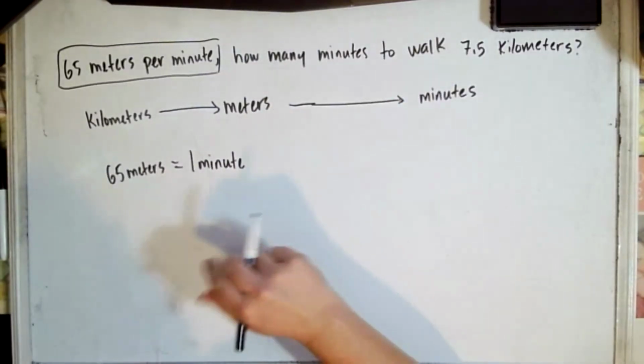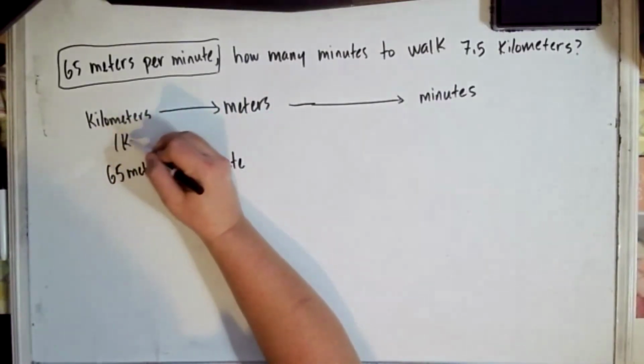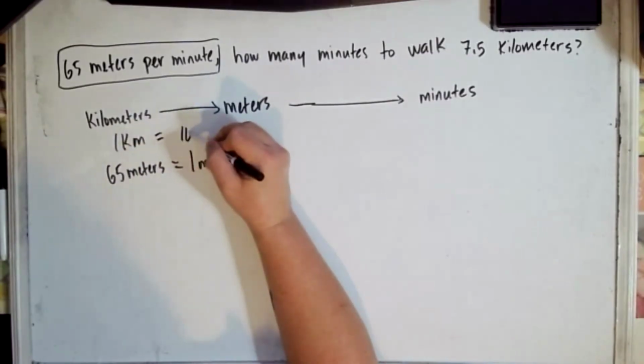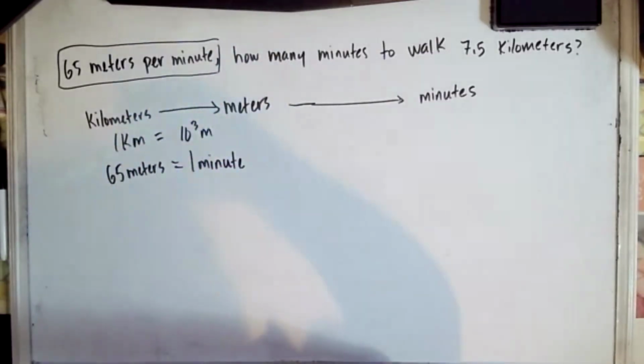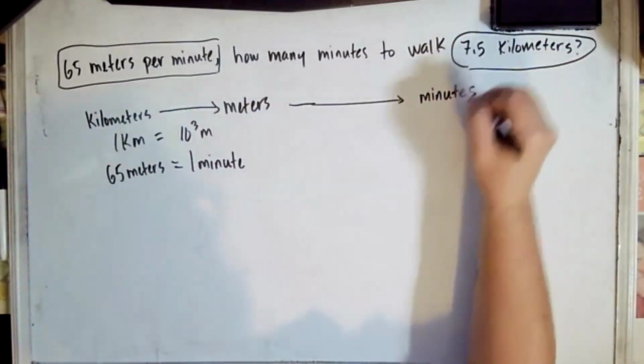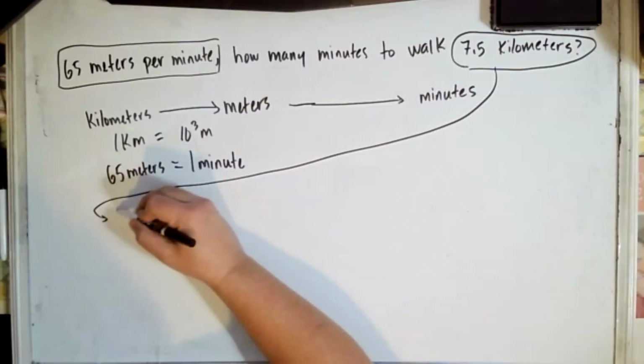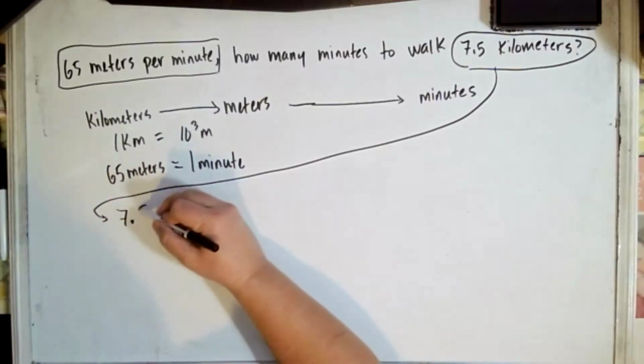Okay. So our equality that relates kilometers and meters, every 1 kilometer, 10 to the 3 meters. So we take our starting amount, 7.5 kilometers, write out the whole thing, including the units.